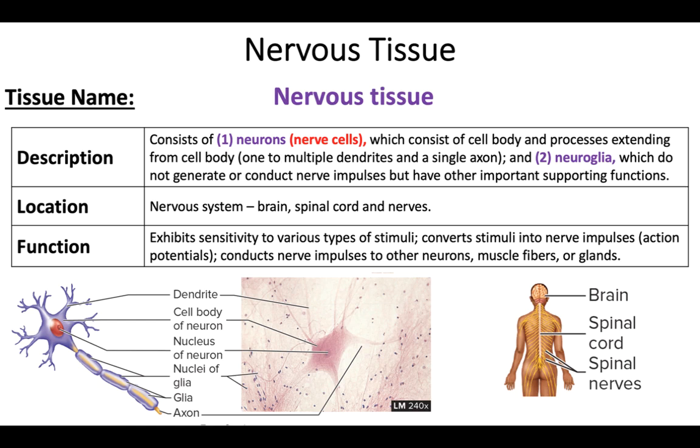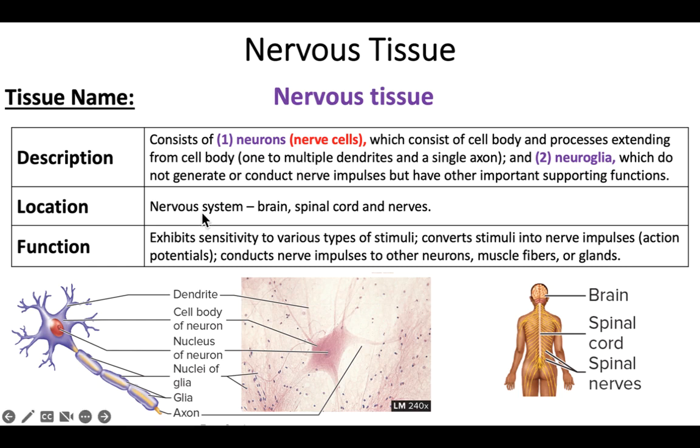And then most of it is actually neuroglia cells, which are more of a supporting cell. And there's a bunch of types of these that we get to when we get to the nervous system. All right, so the neuroglia are the other cell types. And then the neurons are kind of what you would think of when you think of the nervous system, the ability to produce nerve impulses.